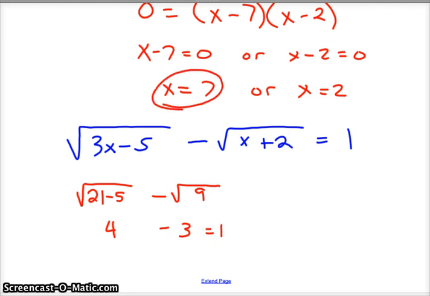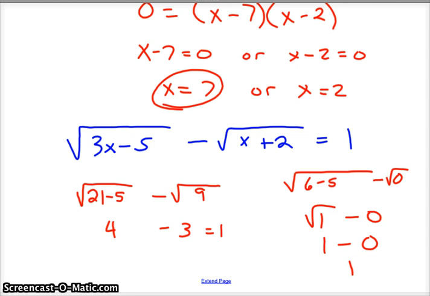So x equals 7 is going to be just fine. Now for 2, we'd have the square root of 6 minus 5 minus the square root of 0. And so that would be the square root of 1 minus 0. So 1 minus 0 is 1. So that one also works. So excellent. We've got our two answers.